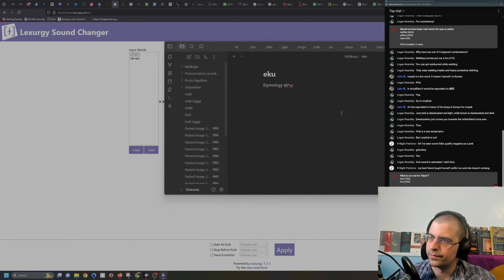And you know, it doesn't actually change the pronunciation at all from Proto-Reptilian, and we have adjective, and it means black. And without UV, just to clarify that it's not our black, it's their black, right?